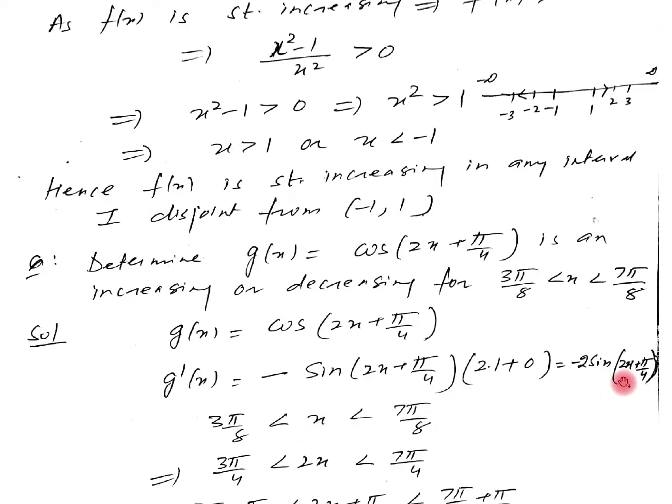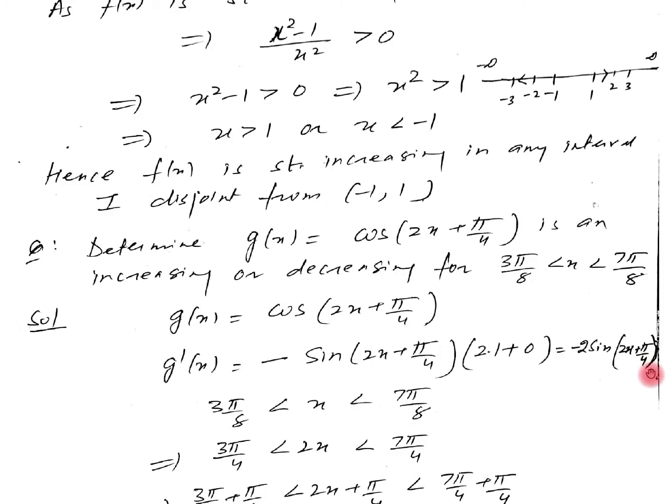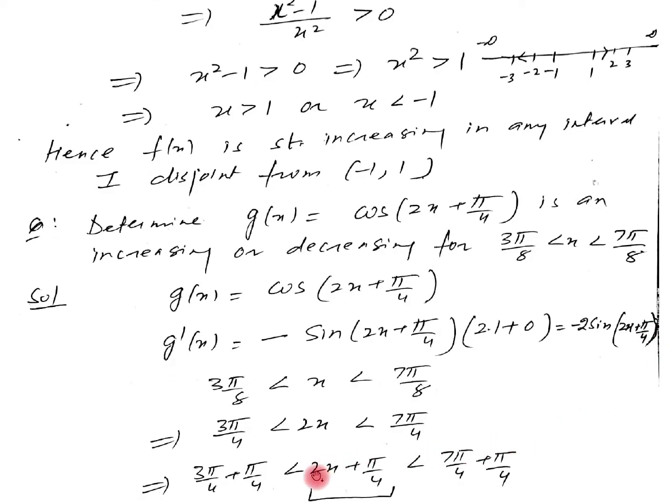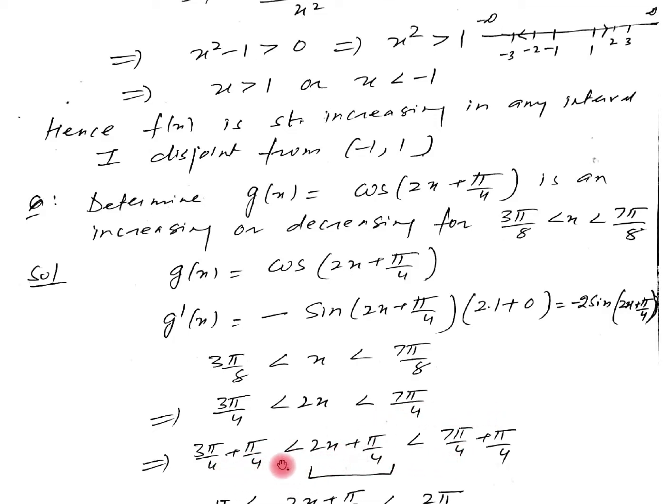How to convert it? First we want 2x, multiplying throughout by 2. It becomes this. Now we want plus pi by 4. Adding pi by 4 throughout the inequality, we get this after simplifying. This is our 2x plus pi by 4 that is required in g dash x.